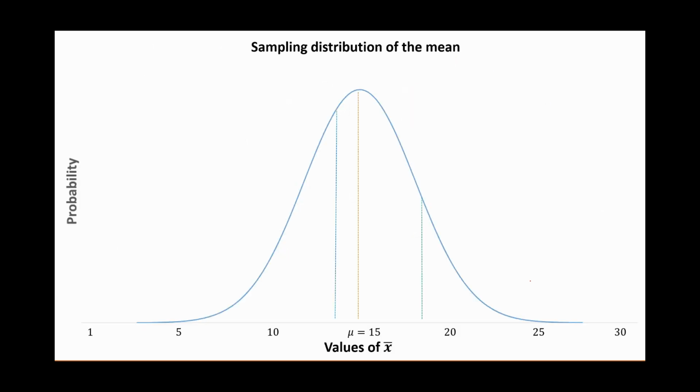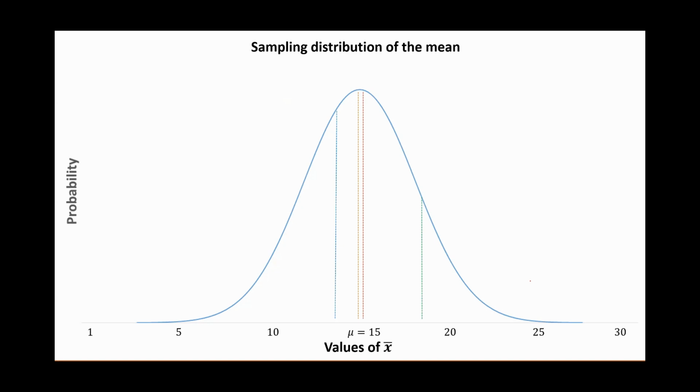Here's one sample we could take, and we got a sample mean of 14 acres. Here's a different sample we could take. We get a sample mean of 18 acres. Here's another sample we could take, the red farmers here, for which we would have, let's say, a sample mean of 15.5, right? So every time we take a different sample, we get a different sample mean.